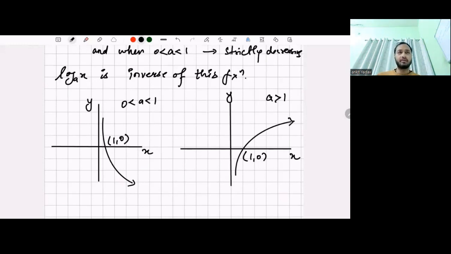So these are the two graphs of log function अगर a वैल्यू पे डिपेंड करता है.